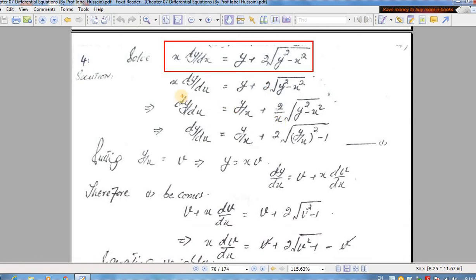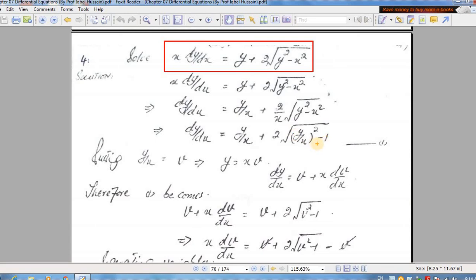Now taking x square common from here, that x square under root will be equal to x. That x and this x will be cancelled, we will get 2, and here we will get (y divided by x) whole square minus 1.